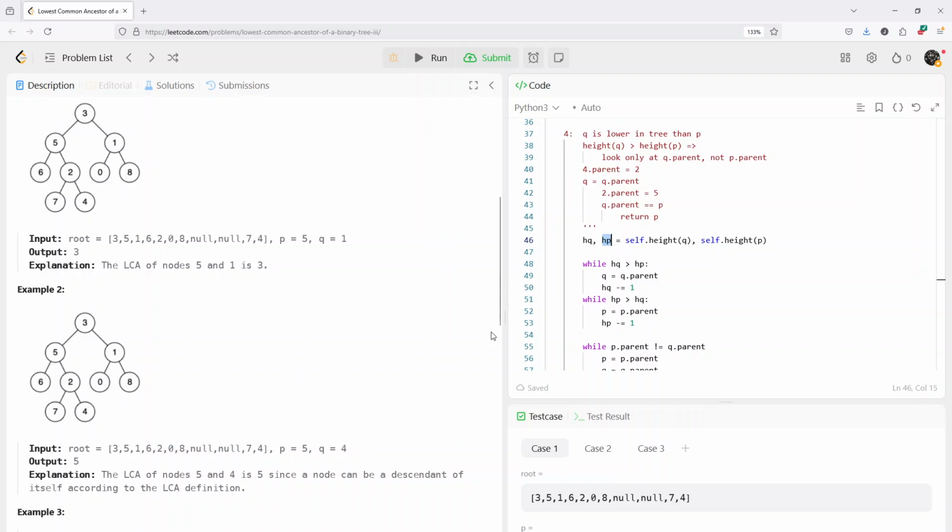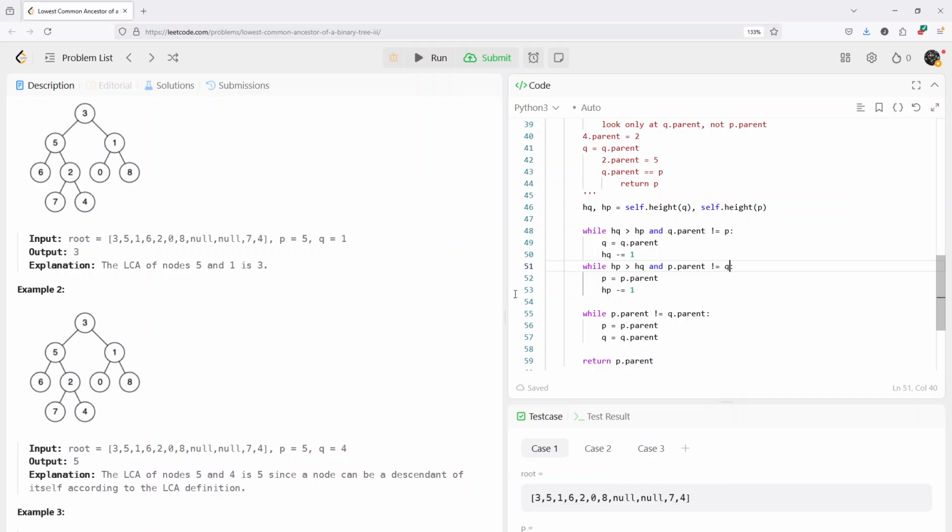While HP and Q.parent doesn't equal P. And then similarly here, and P.parent doesn't equal Q. And then now, in this case, you're at the 2 and the 5.